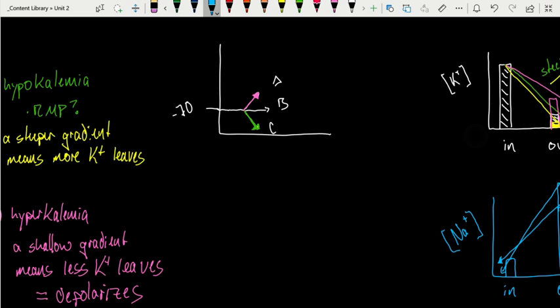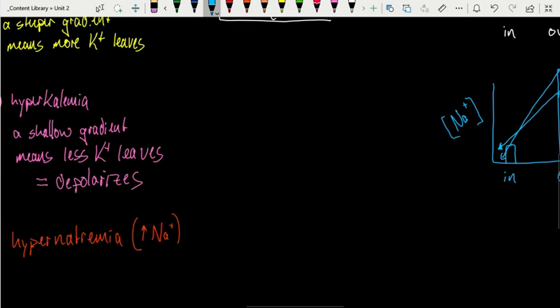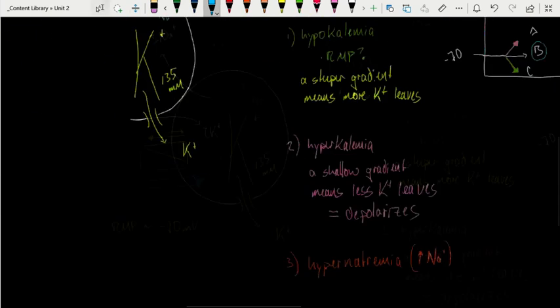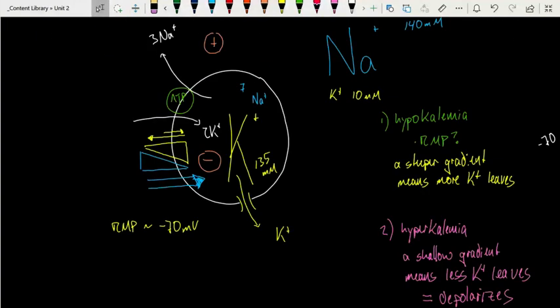The answer is B. Why, you say? Sodium's a positive ion. As it moves into the cell, it would depolarize the cell. And in that statement, you're absolutely right. But let's go look at our cell. Are there any doors open for sodium?